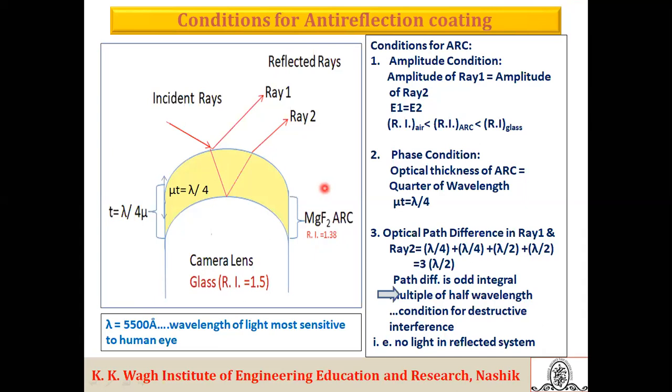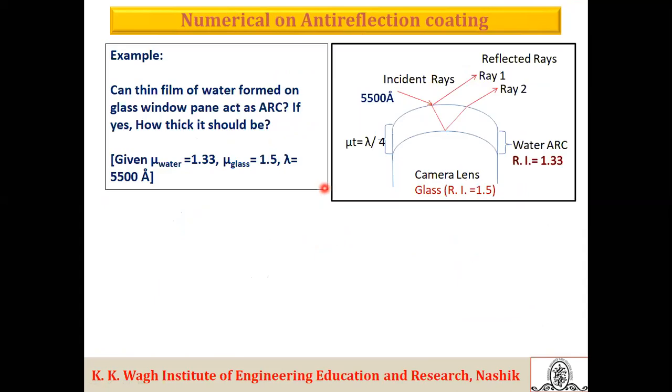Now we have to focus on a practical example, which material will be applicable as anti-reflection coating. If it is applicable, then how much thickness should be maintained. So one example: can a thin film of water formed on a glass window pane act as anti-reflection coating? If yes, then how much should be its thickness?